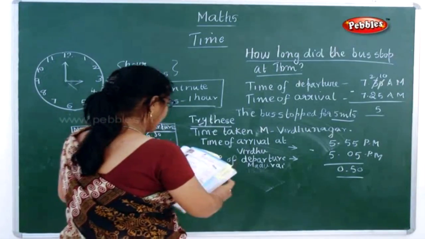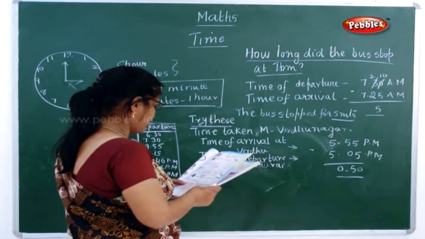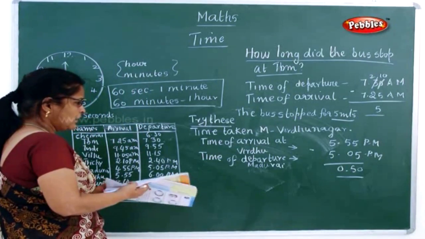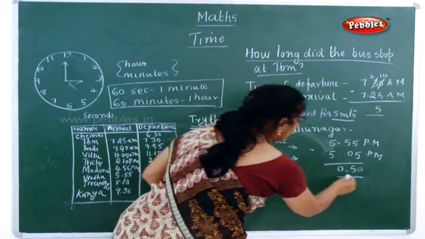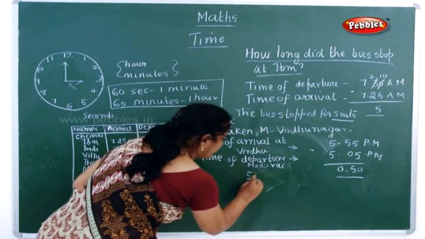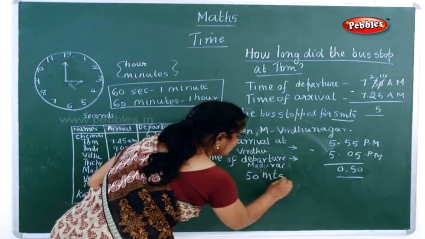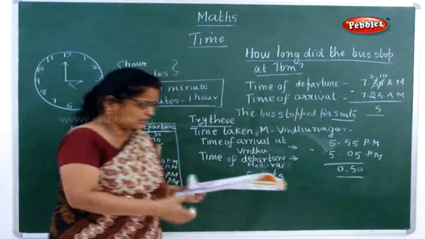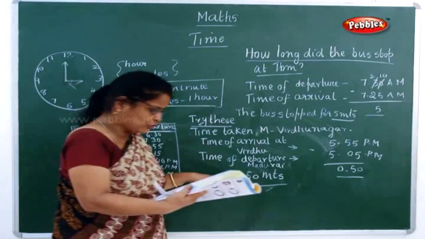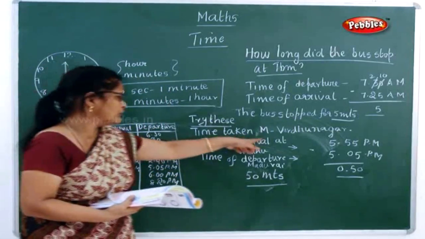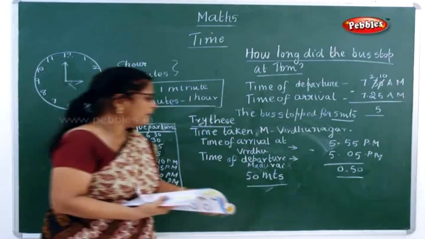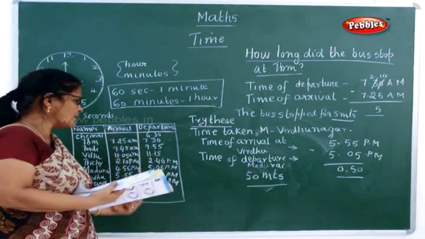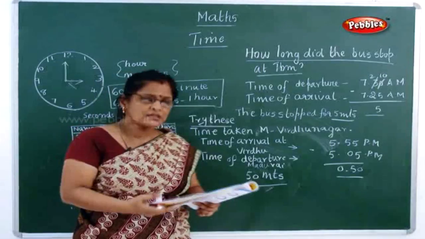The time of arrival at Virudhunagar is 5:55 p.m. and time of departure from Madurai is 5:05 p.m. So, you have to write 50 minutes. It took from Madurai to Virudhunagar. So, this is how you have to write: time taken from Madurai to Virudhunagar is 50 minutes. This is how you have to take this from the schedule. You have to see the schedule and just find out these questions.